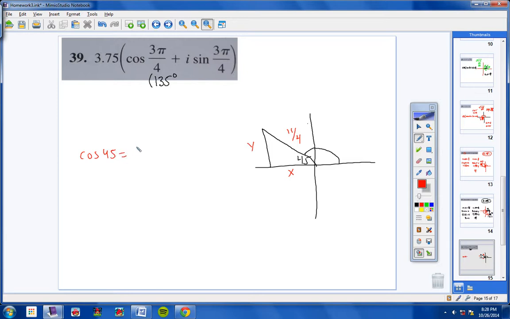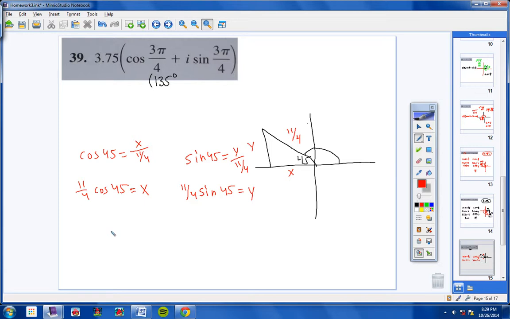Cosine of 45 would be adjacent over 11/4. So x equals 11/4 cosine of 45. And then sine of 45 would be opposite, which is y, over hypotenuse 11/4. Multiply both sides by 11/4, and we'll have 11/4 sine 45 equals y. And let's say the cosine of 45 should be 1, I believe.